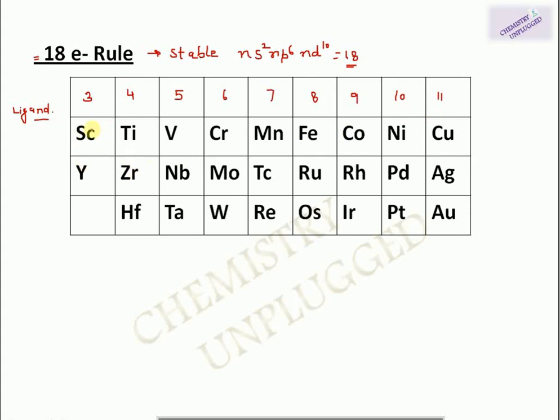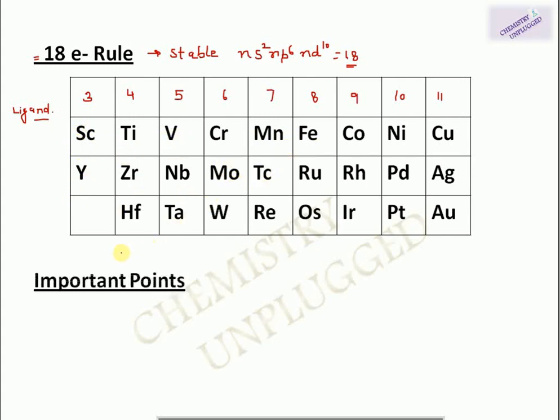We have to memorize the second row metals also: yttrium, zirconium, niobium, molybdenum, technetium, ruthenium, rhodium, palladium, and silver. And the third row also. So first you have to memorize the number of valence shell electrons in all the elements. I suggest you first try to memorize the first row and then group-wise. Then it will be easier.